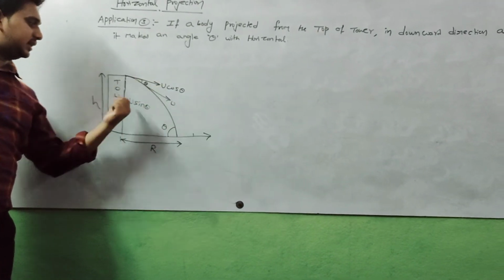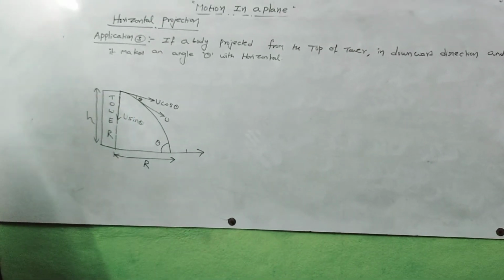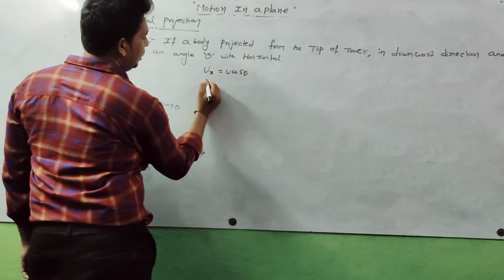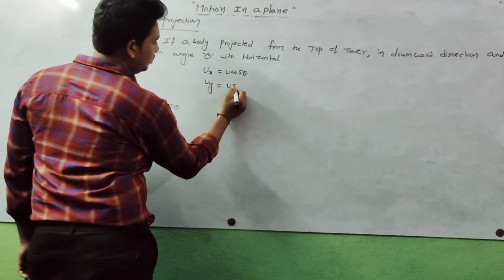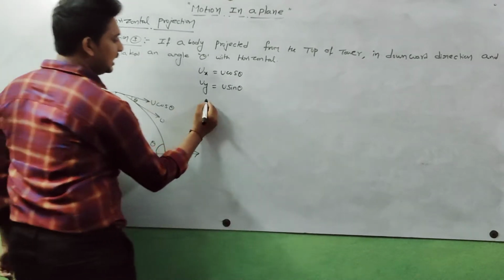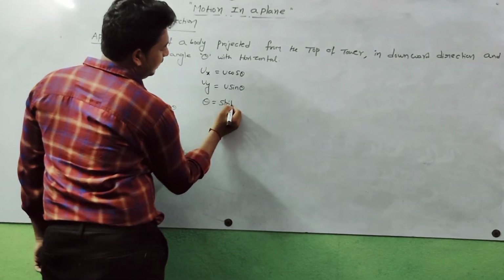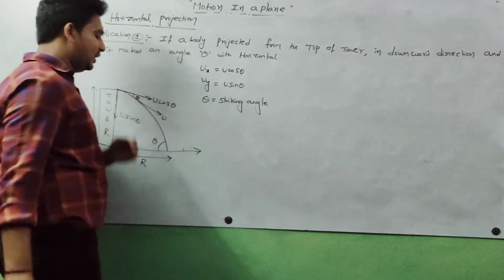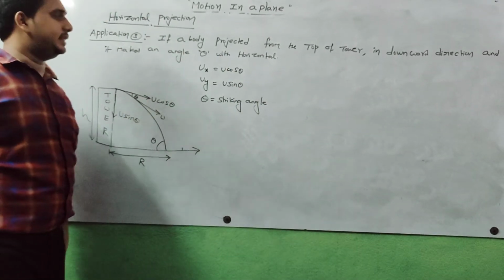The horizontal component is u cos theta and the vertical component is u sin theta. So here ux is equal to u cos theta, uy is equal to u sin theta. Here theta means striking angle, the angle at which the body strikes the ground.